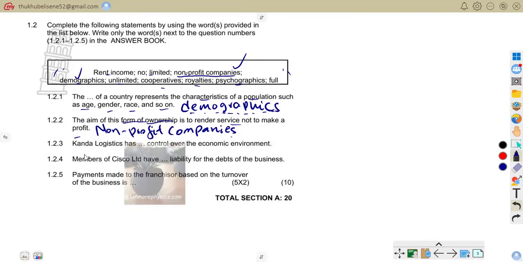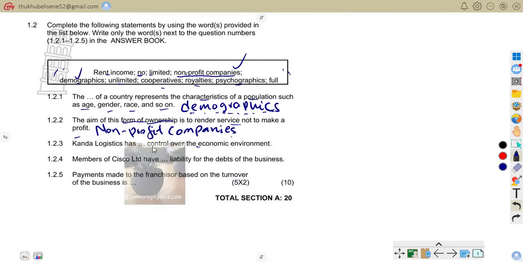Now we come to 1.2.3. It says Ganda Logistics has no control over the economic environment.